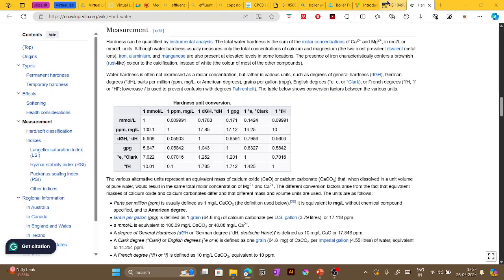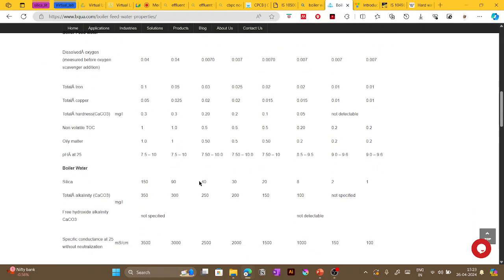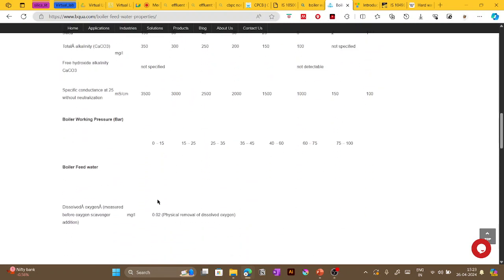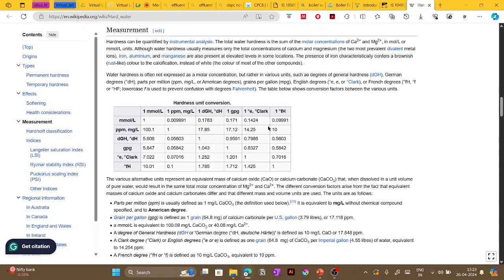So here, in the reference we were looking at, hardness is represented in French degree. So one French degree is like 0.1 milligram per liter, so 0.5 is 0.05 milligram per liter.